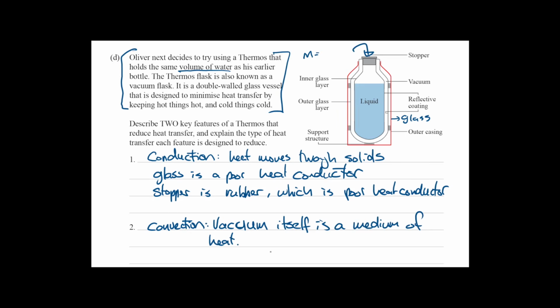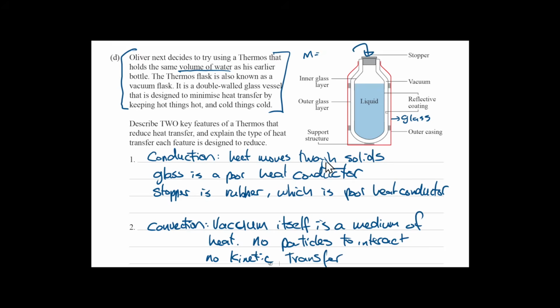Okay, so heat doesn't travel across a vacuum because there are no particles to interact, and there's no kinetic energy transfer. So I do a bit on that in my previous video.